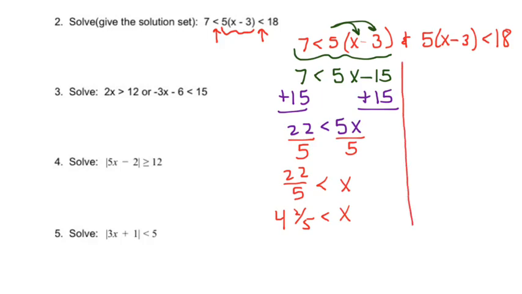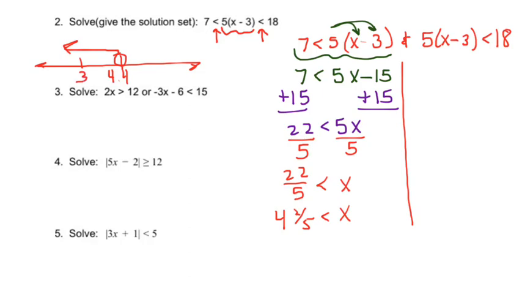So we know x has to be, if we look at this graphically, we'll just draw, because I don't know what the other inequality is going to be. Here is 4.4, and x has to be less than it. These are numbers like 3 and 2 and 1, etc.